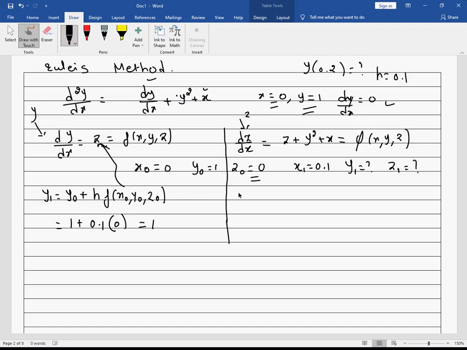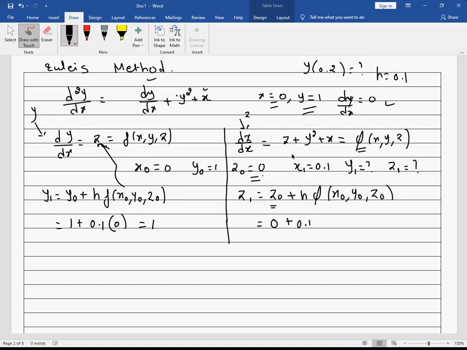Similarly, from this I will get z1, sorry, not z0. z1 is equal to z0 plus h into, so this function I labeled as phi of x0, y0, z0, which gives me value of z0 is initially 0 plus h 0.1.